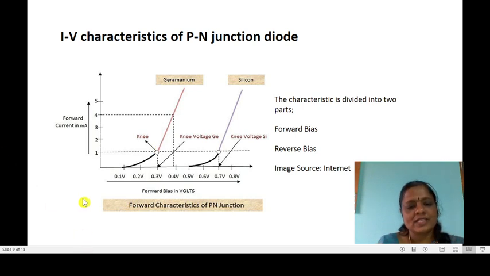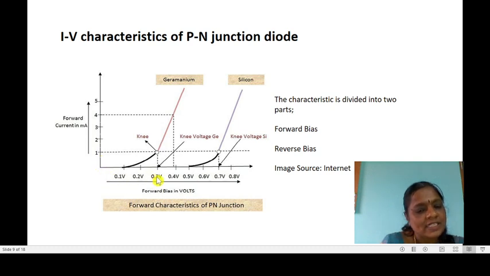Now the circuit is connected in forward bias, which all of you know how to connect. We increase the voltage from 0.1, 0.2, 0.3. From 0.1 to 0.3, there is a very small change in the current, 0 to 1 milliampere.